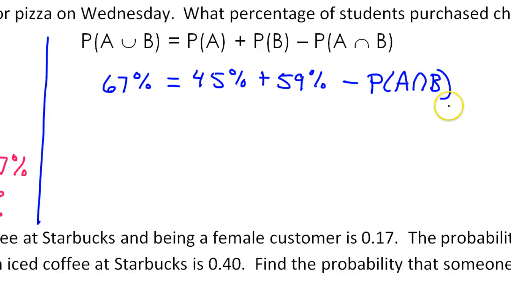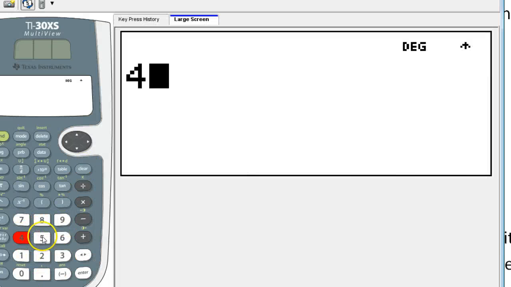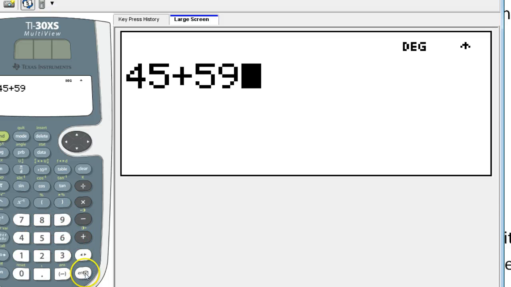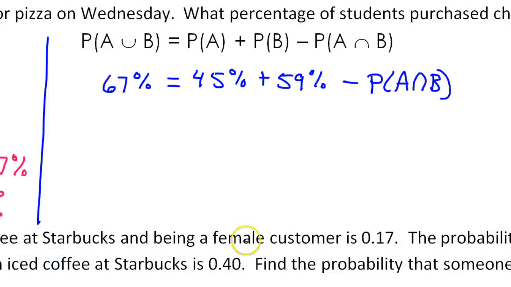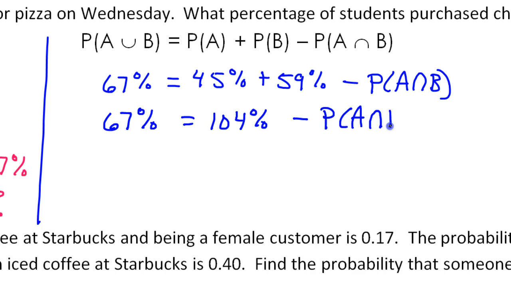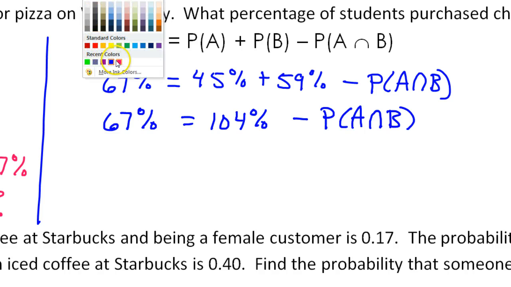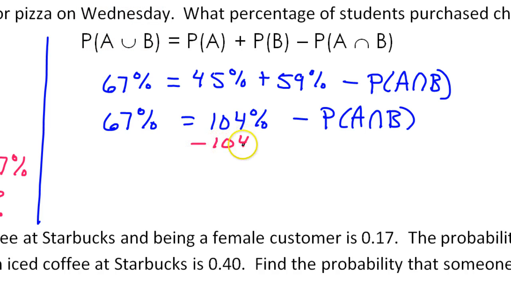So all we have to do is solve this equation. Well, what's 45% plus 59%? That's 104%. So far I've got 67% is equal to 104% minus the probability of A and B. The overlap. So I could subtract from both sides, yes? Minus 104% on both sides.